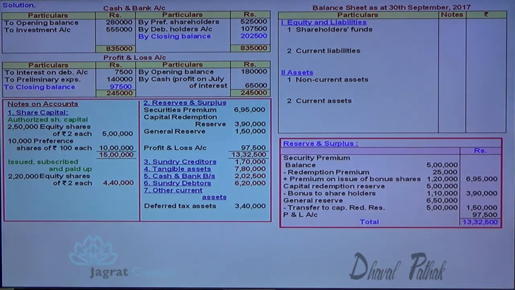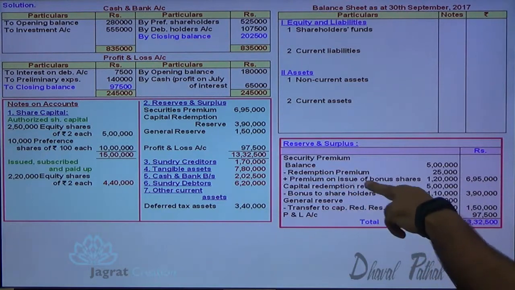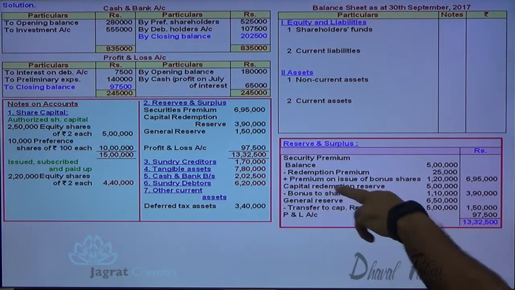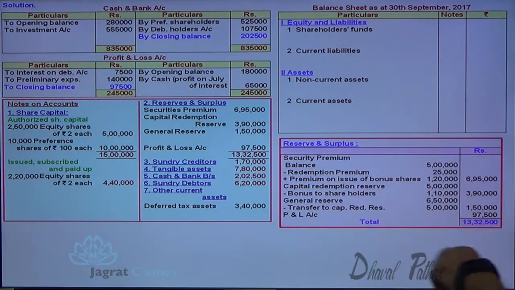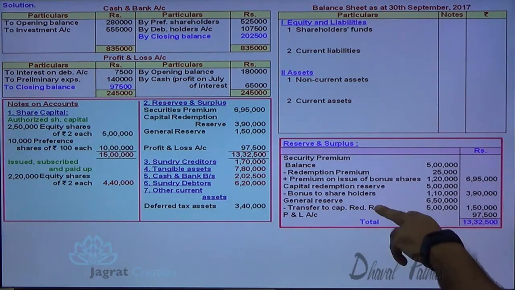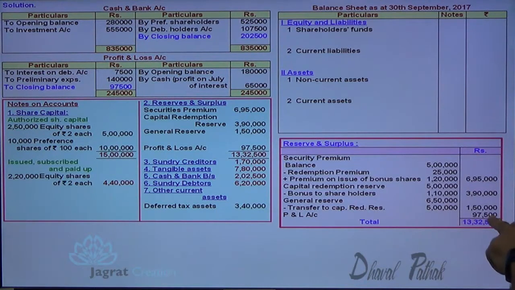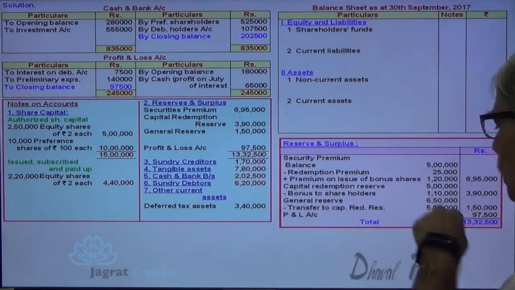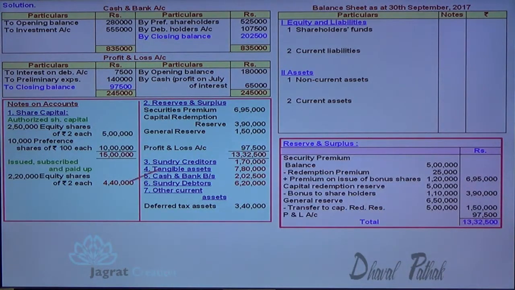Security premium balance 5 lakhs, redemption premium returned 25,000, premium on issue of bonus shares 1,20,000, so 6,95,000. Capital redemption reserve minus bonus given, general reserve transfer to capital redemption reserve, similarly profit and loss account balance 97,500. This is how reserves and surplus of 13,32,500 should be reported.